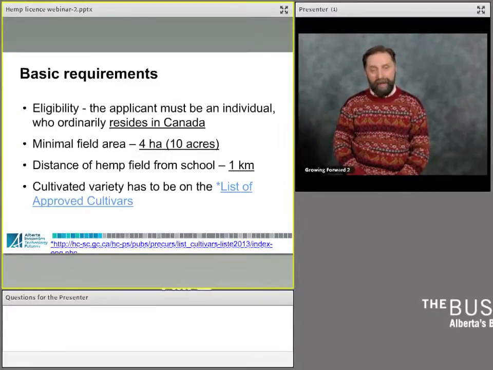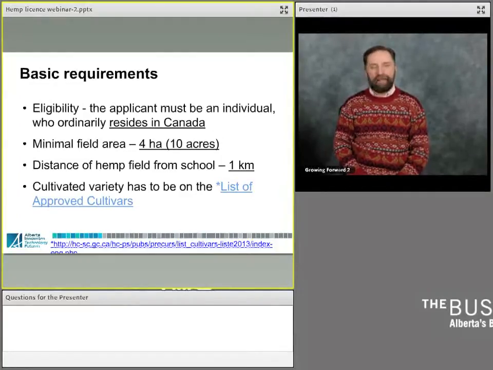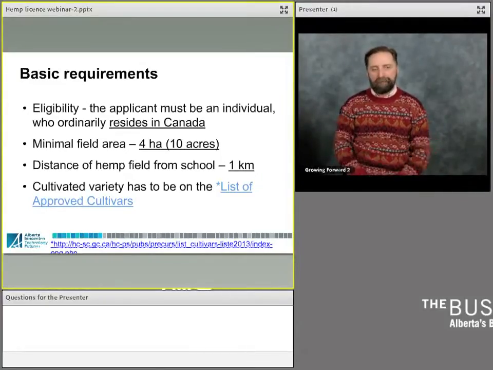The other requirement is distance of hemp field from the school or other facility frequented by the minors: 1 kilometer. Here in Alberta, probably it is not a problem, but in Ontario, with higher population density, farms are located quite often in the proximity of schools and other places frequented by the minors, at least 1 kilometer. And the fourth basic requirement is you have to cultivate a variety that is on the list of approved cultivars.